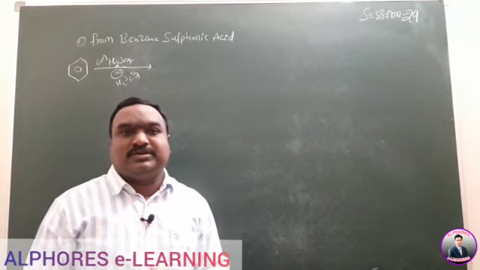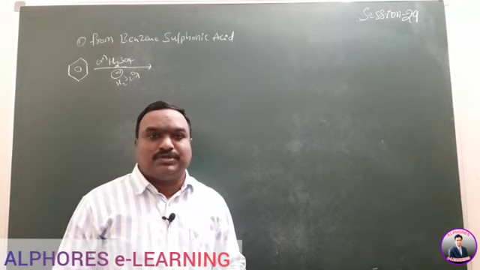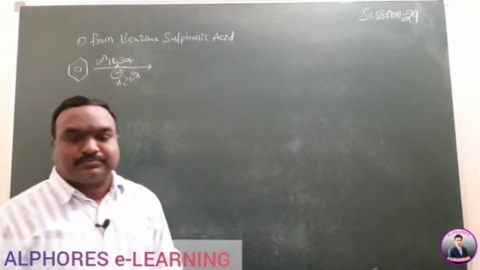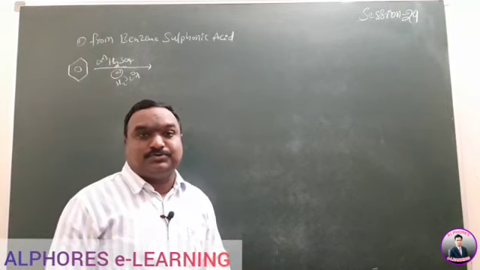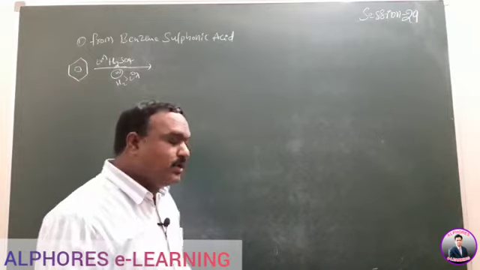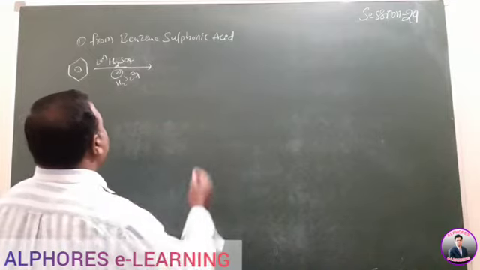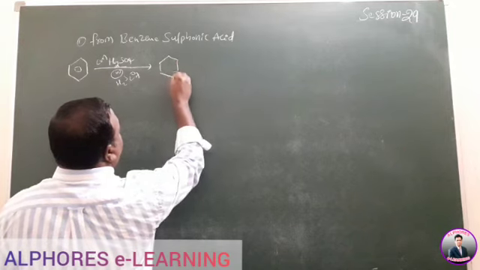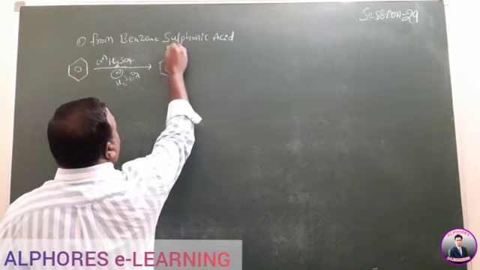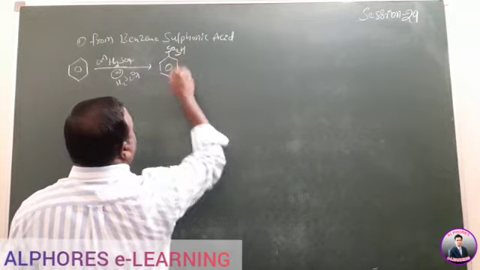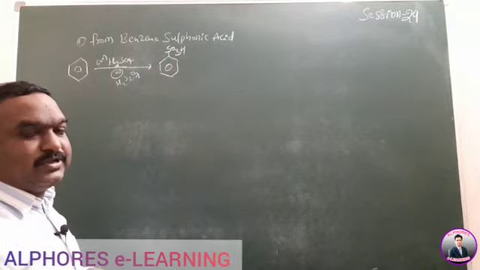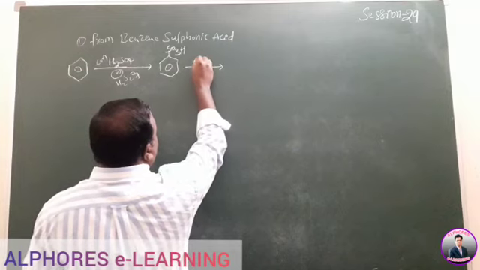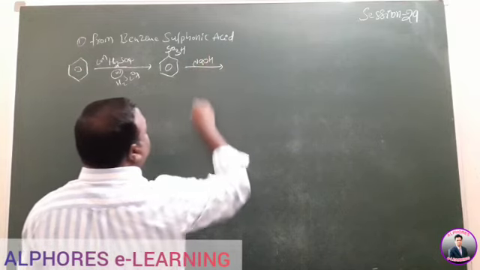The first step is the electrophilic substitution step. That H plus is substituted by the incoming electrophile SO3, forming benzene sulfonic acid. Benzene sulfonic acid reacts with NaOH.